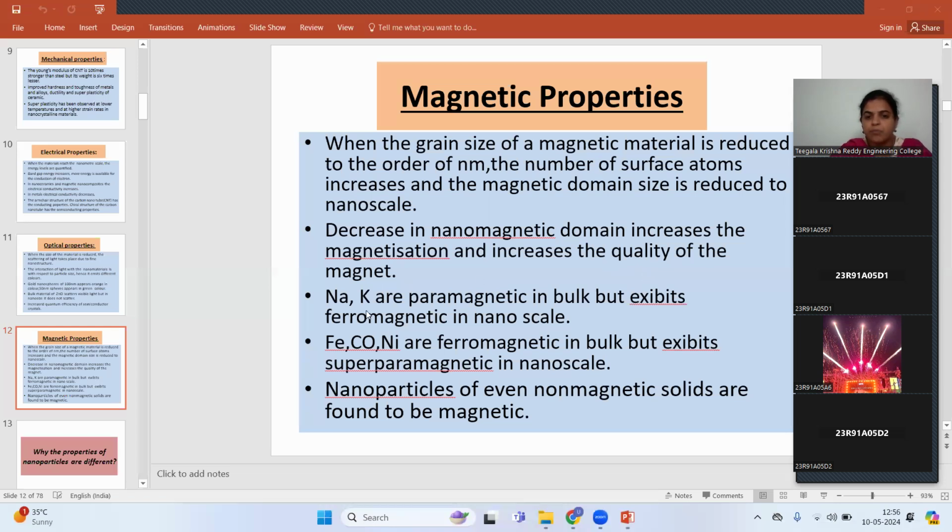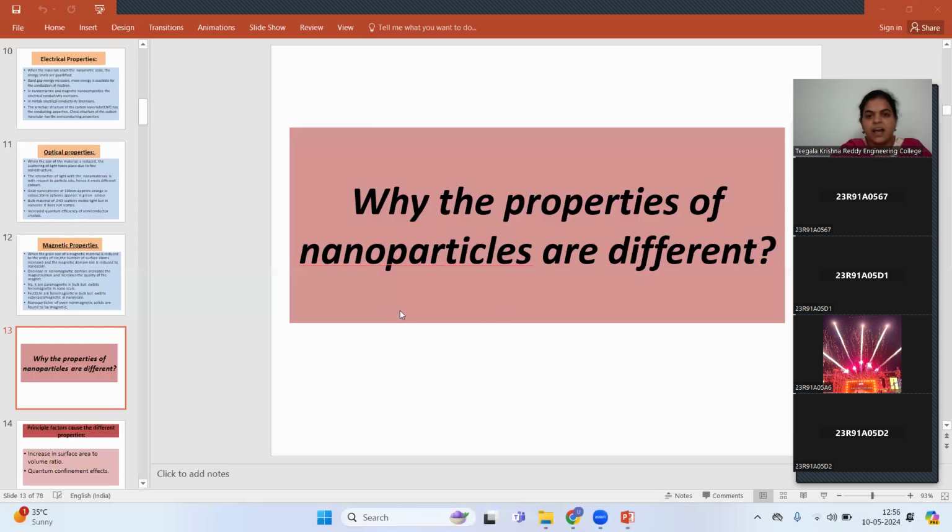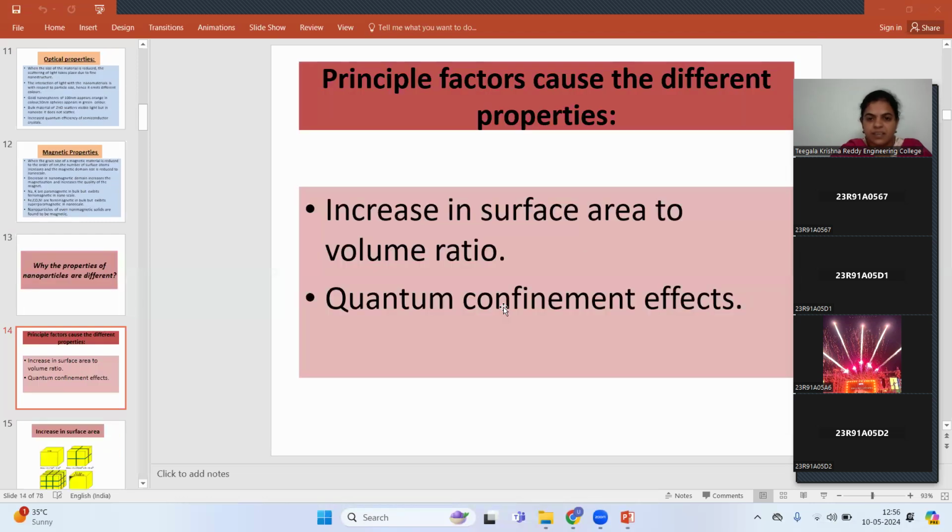Sodium and potassium are paramagnetic in bulk, but exhibit ferromagnetism in nanoscale. Iron, cobalt, and nickel are ferromagnetic in bulk, but exhibit superparamagnetism in nanoscale. Nanoparticles of even nonmagnetic solids are found to be magnetic materials. These are the magnetic properties of nanomaterials, and why the properties of nanoparticles are different.